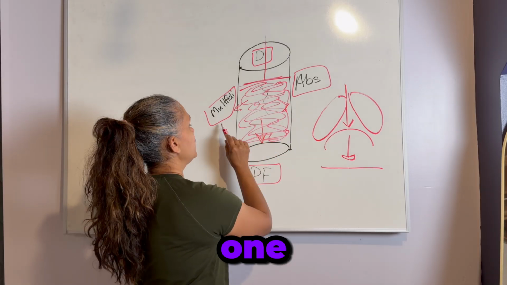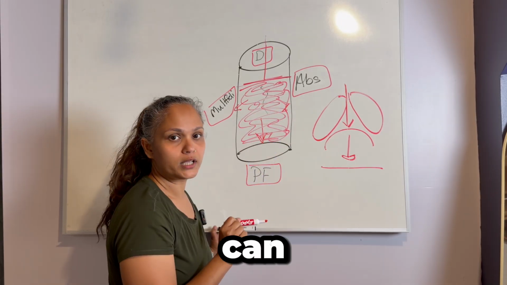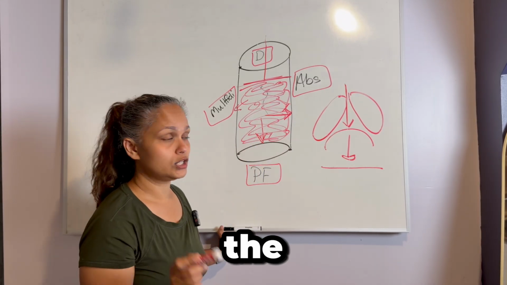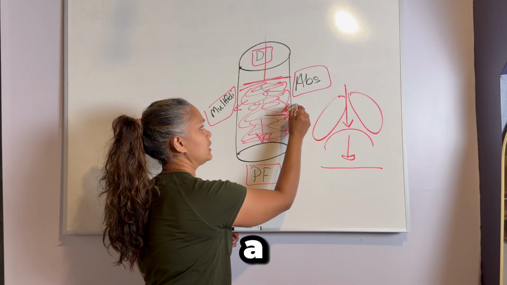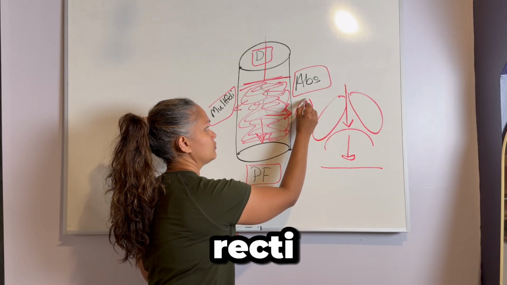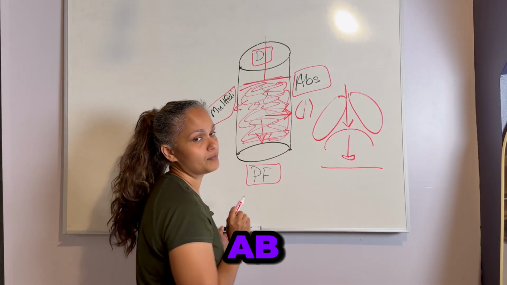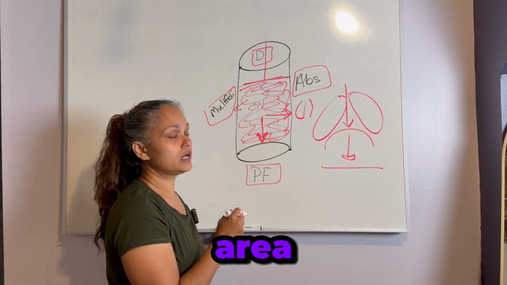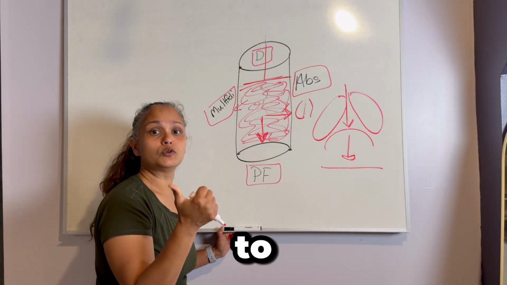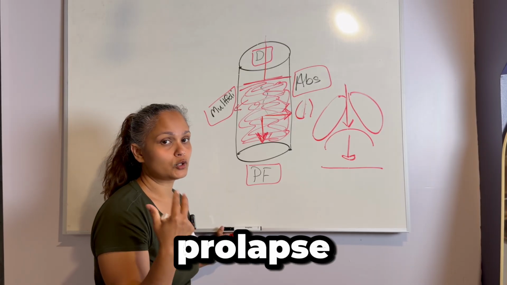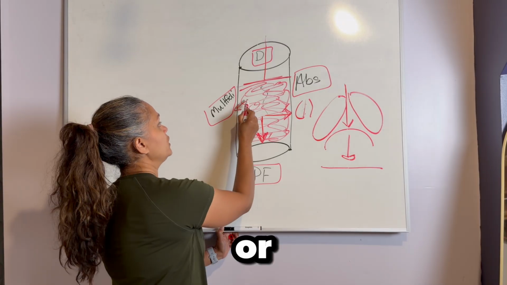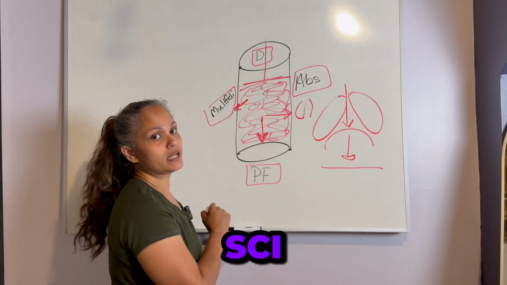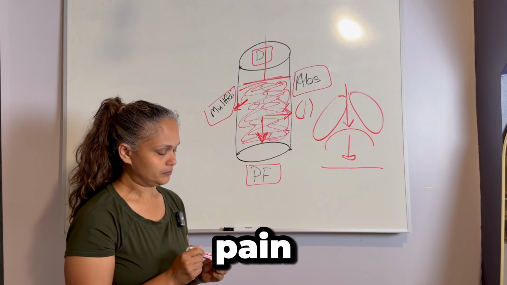If one area is lacking, we can have pressure bulging out in one space more than the other, leading to a diastasis recti, which is the separation of the ab muscles in the middle, bulging down too much into one area, like the pelvic floor, leading to leaking or prolapse or pelvic heaviness, or even bulging into the back, causing SI issues or low back and hip pain.